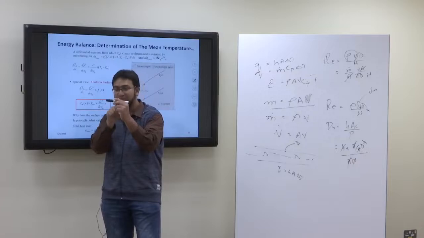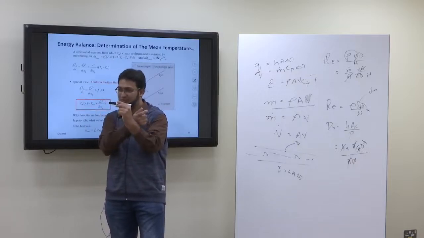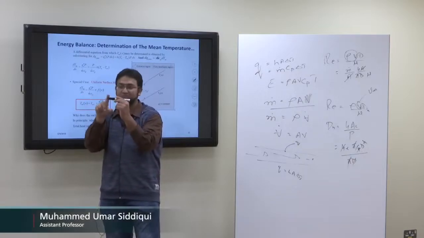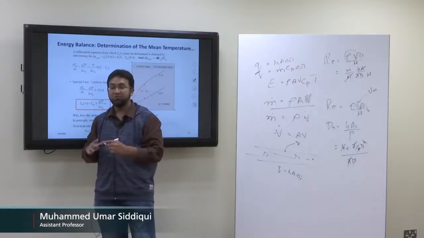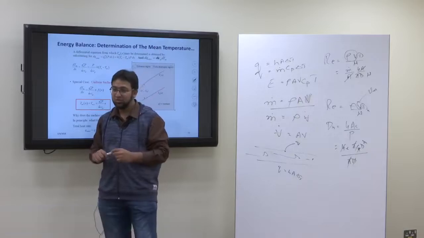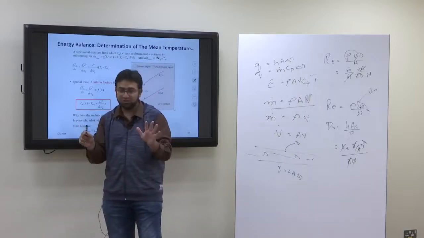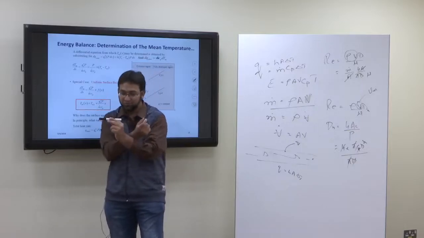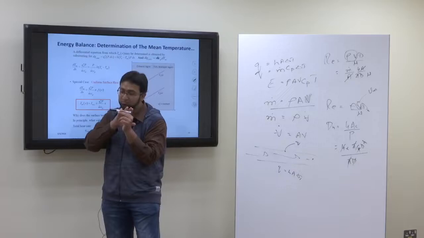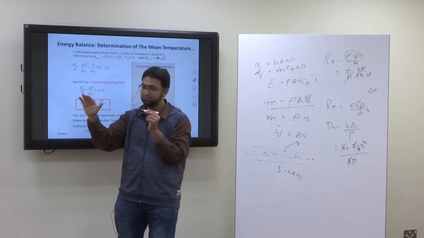So the surface temperature might not be constant. As the fluid is flowing through the pipe, the surface temperature of the pipe is not constant, but the heat flux is constant. Or there could be another case in which we are not talking about the heat flux, but what we say is the surface temperature is constant.